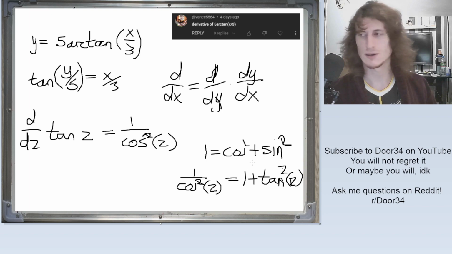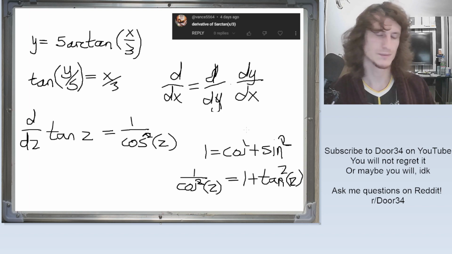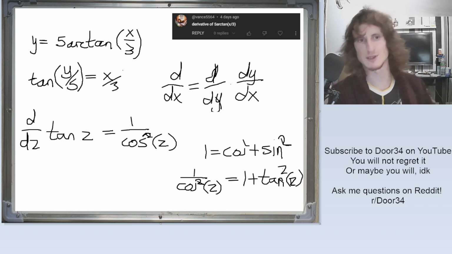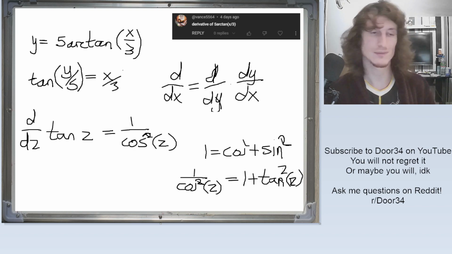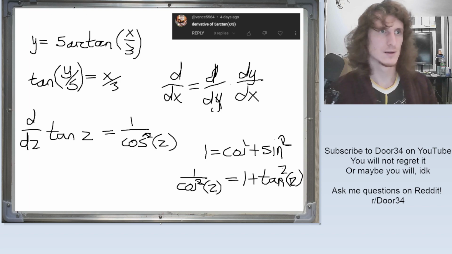So this is just a neat little trig formula, and eventually we're going to come back to our starting question.